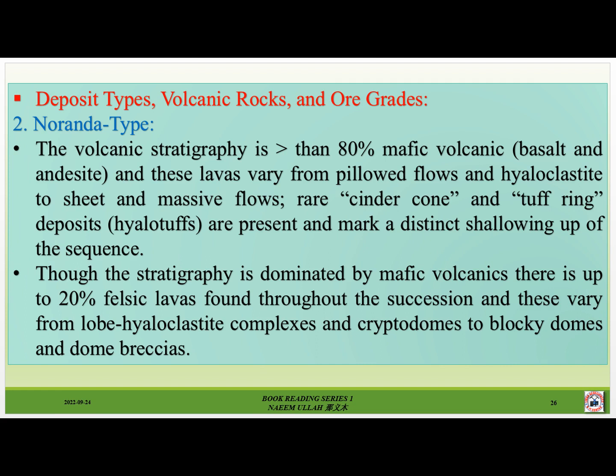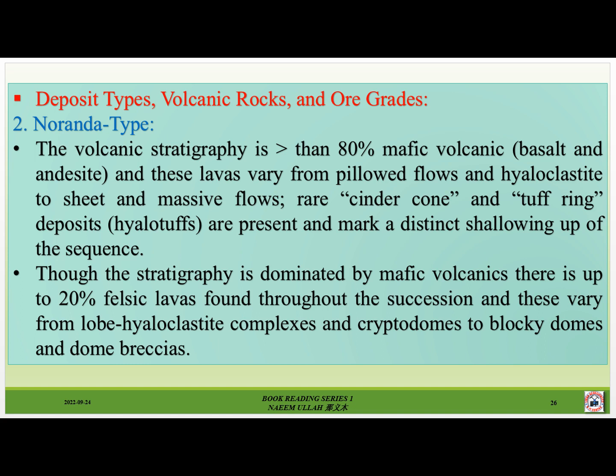Number two, Noranda type. The volcanic stratigraphy is greater than 80% mafic volcanics, basalt and andesite, and these lavas vary from pillowed flows and hyaloclastite to sheet and massive flows. Rare cinder cone and tuff-ring deposits, hyalotuffs, are present and mark a distinct shallowing up of the sequence.